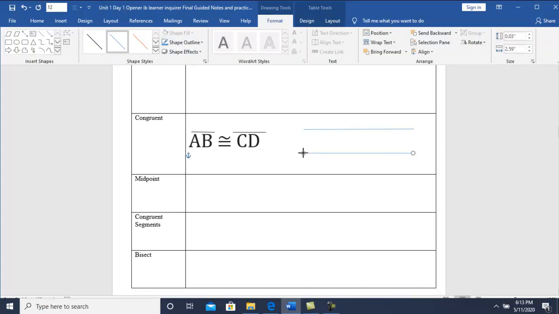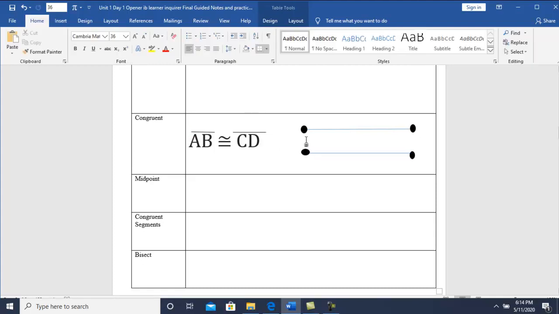Now remember, they're going to have to be identical in length. And again, remember when we label the points here, we'll call the first one A, this is B, that's the name of the first line segment.